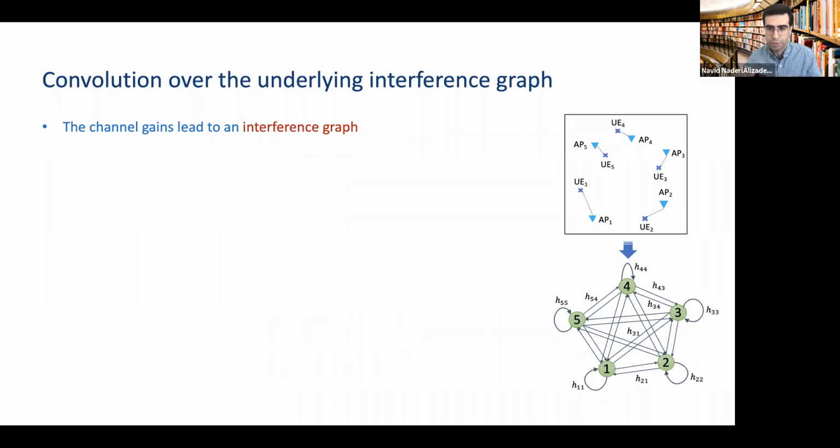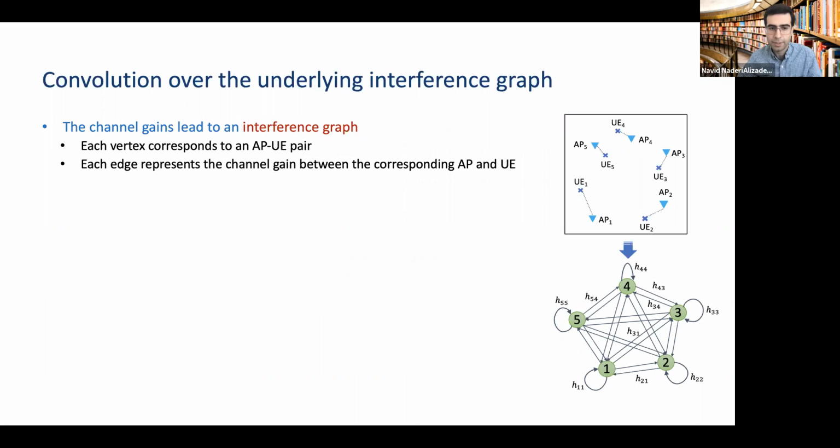Before showing you how to solve this, I just want to mention that we have this channel matrix, and that really leads to the notion of a graph, an interference graph, as we call it, where each vertex corresponds to an AP-UE pair, and the edges between them correspond to the channel gains between the different access points and UEs across the network.